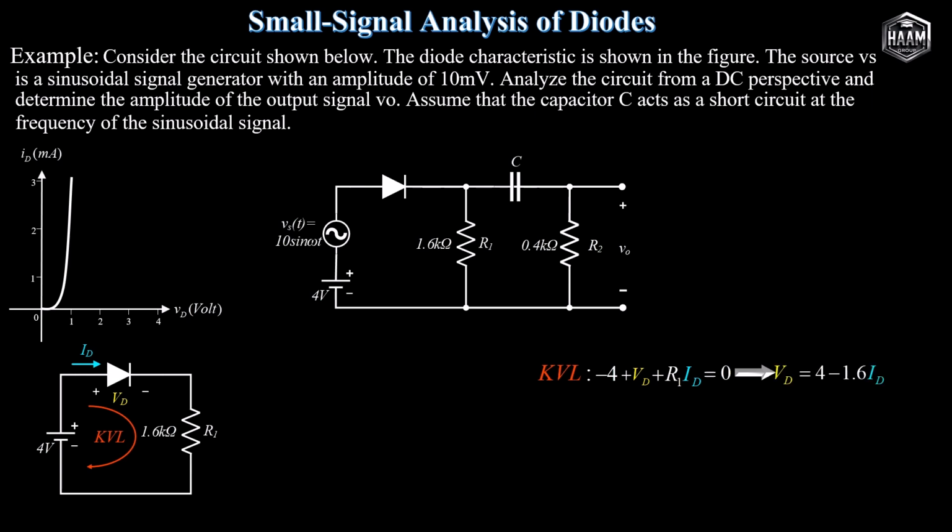Setting I sub D to 0 yields a voltage intercept V sub D of 4 volts. Conversely, setting V sub D to 0 yields a current intercept equal to 4 divided by 1.6 kilo ohms. Intersecting this load line with the nonlinear IV diode characteristic curve yields the exact quiescent operation point.